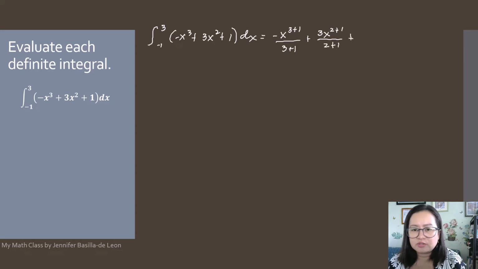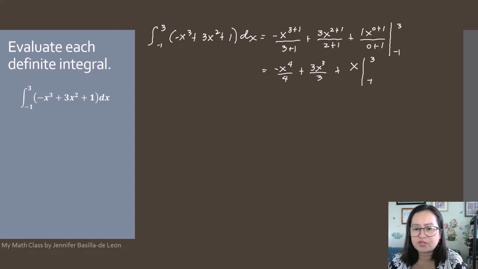Now take note, 1 can be written as 1 times x raised to 0. So we shall have 0 plus 1, evaluated from negative 1 up to 3. Now simplifying this, we shall have negative x raised to the 4th power over 4 plus 3x cubed over 3 plus x evaluated from negative 1 up to 3.